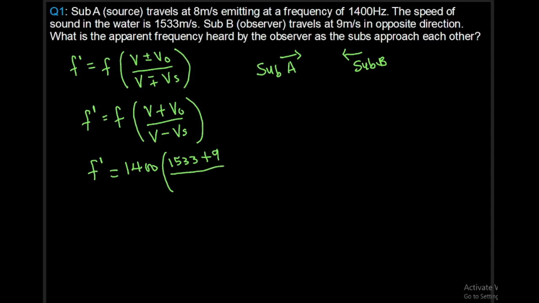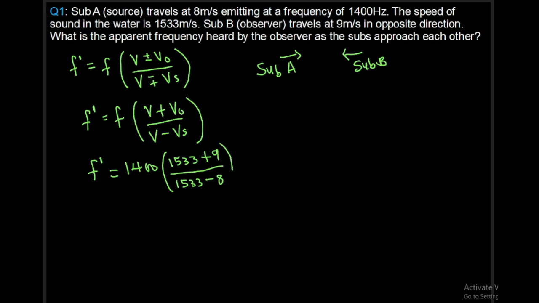all over the speed of sound again, 1533, minus the speed of the source of sound. Our source of sound is sub A, so it's moving at 8 meters per second, so we have minus 8.